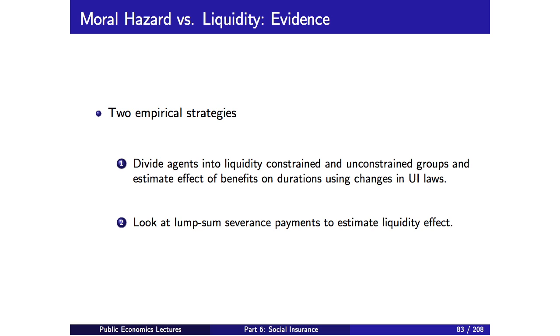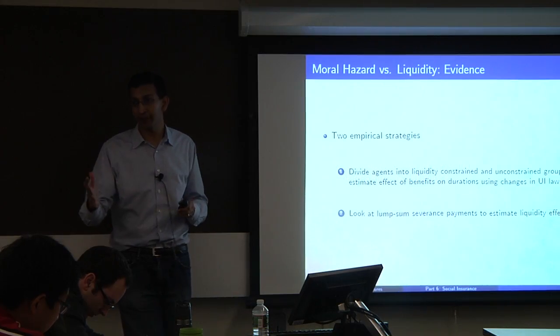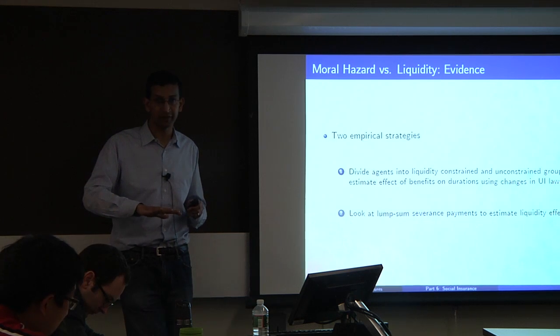Now, that approach by itself doesn't tell you the relative magnitude of the liquidity and moral hazard effects, because we're just comparing different agents in the population, and unless we make a strong assumption about those agents having similar sized price effects, we can't figure out how big the liquidity effects are. So what you really want to do, ideally, is have a randomized experiment where you give some guys cash and don't give other guys cash, and compare their durations, and then compare that magnitude to an equivalent size benefit change.